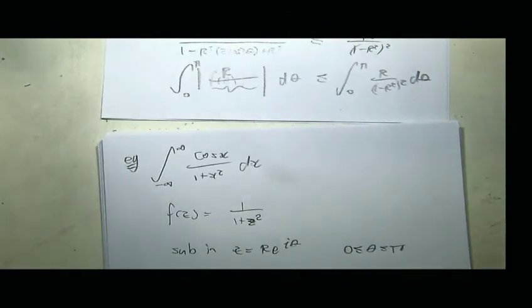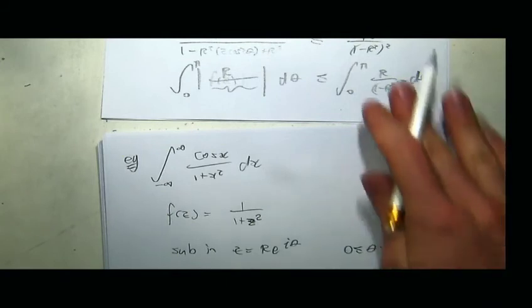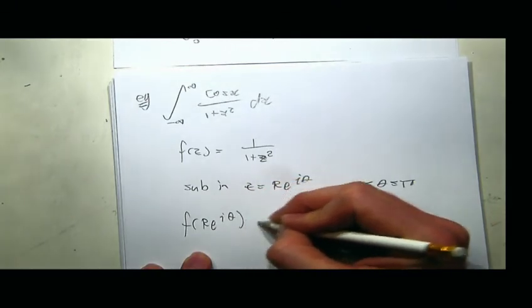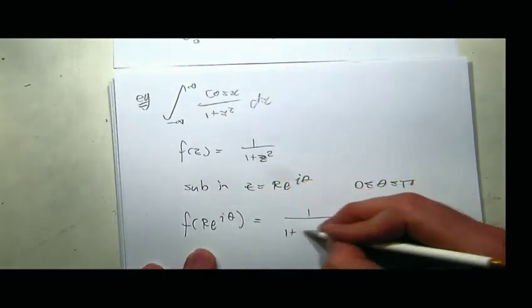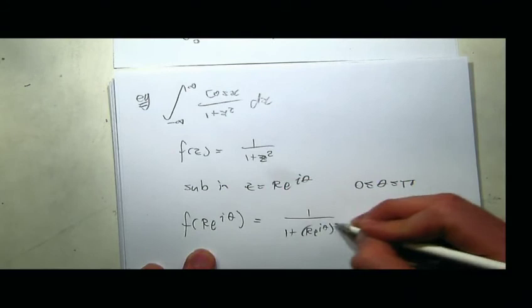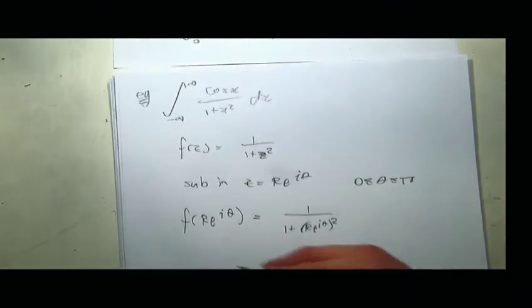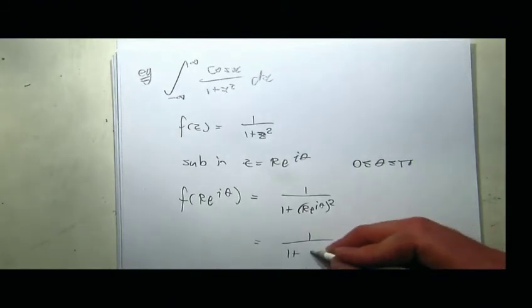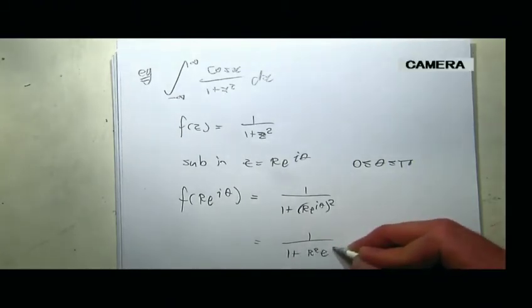So here we are, we've got this. And so we've got f of r e to the I theta is 1 over 1 plus r e to the I theta squared, which is 1 over 1 plus r squared e to the I 2 theta.